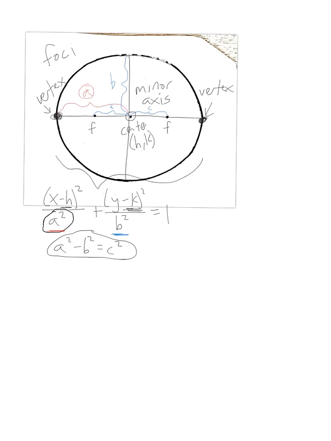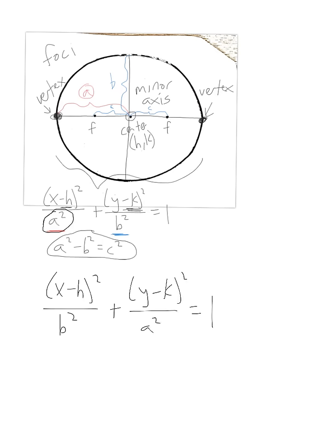It has to be, because if A is half of the major axis, A has to be bigger than B. So here's the equation you could have if it was stretched vertically. You could see it this way. X minus h squared over b squared plus y minus k squared over a squared equals 1.